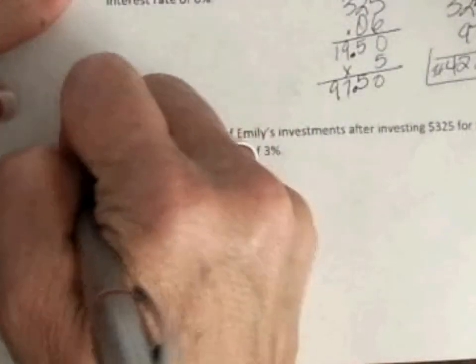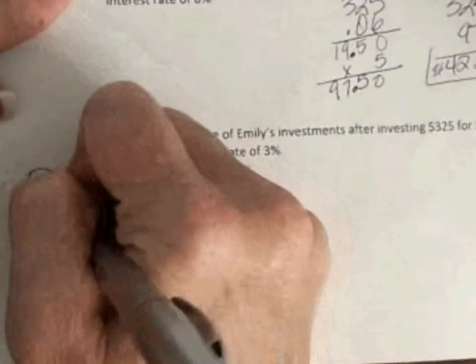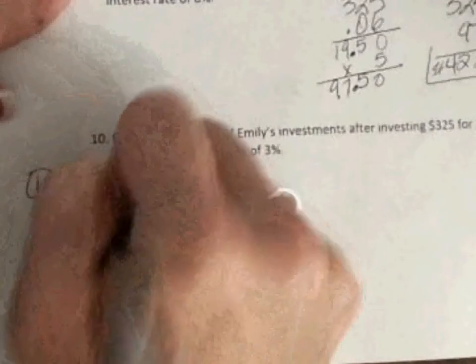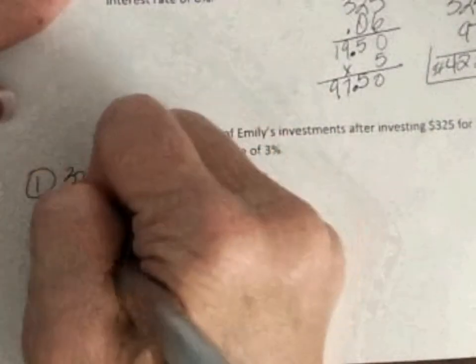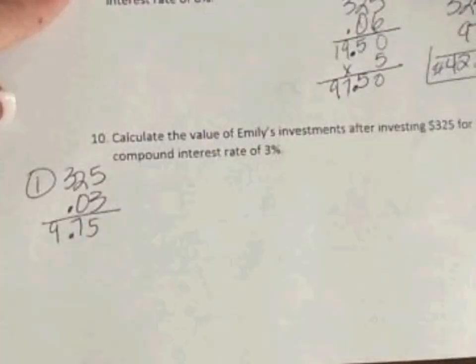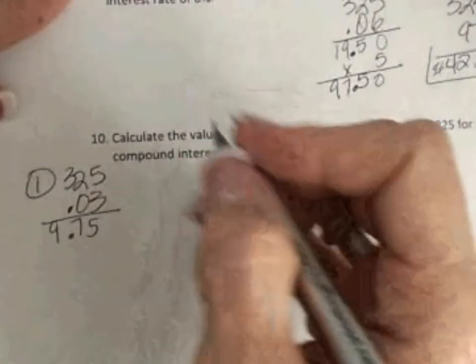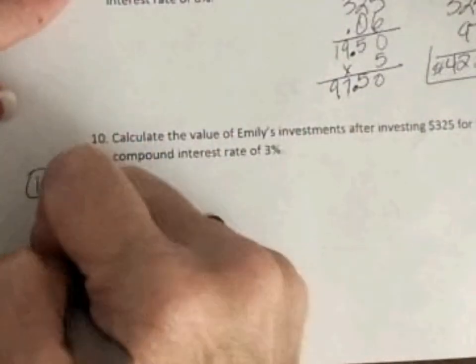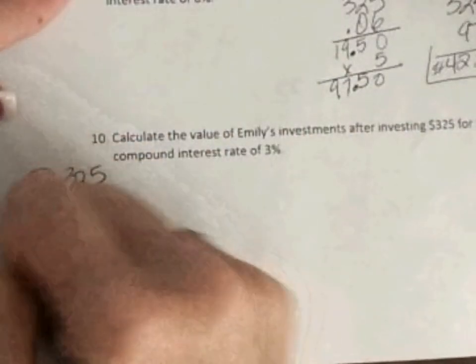So I have 325 times 0.03 is my interest, and I get $9.75 interest. I'm going to add it to my principal, which is 325.